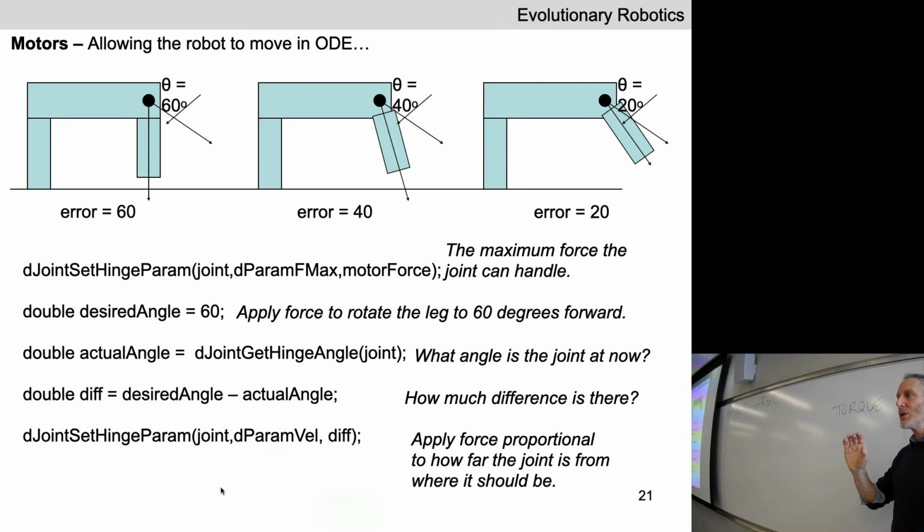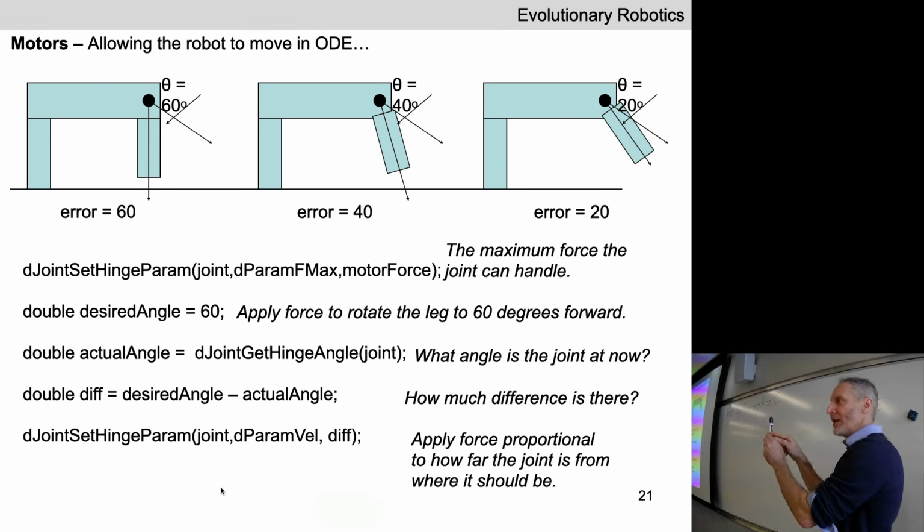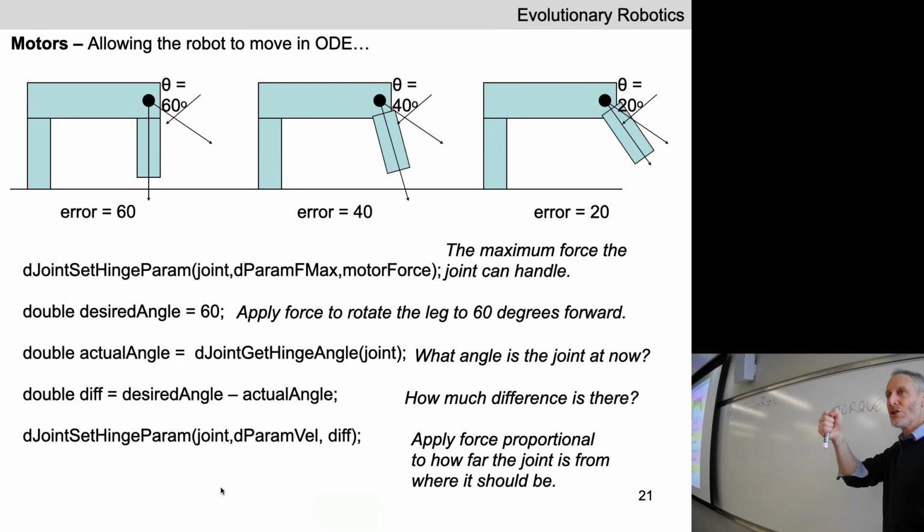When we talk about force, if I use the word force, it's usually linear force, something that is pushing on something. Torque is force that tries to rotate something, rotational force. Yeah? So the rotational force that the physics engine has computed is less because the difference is less.